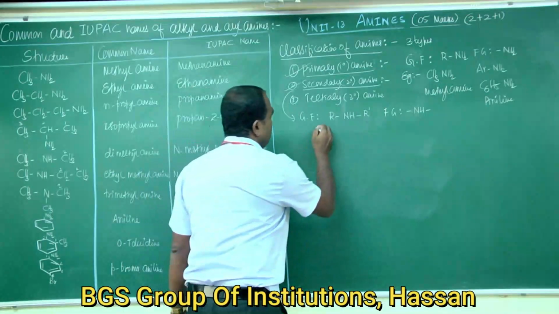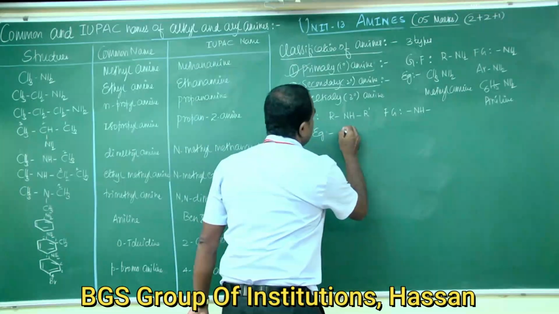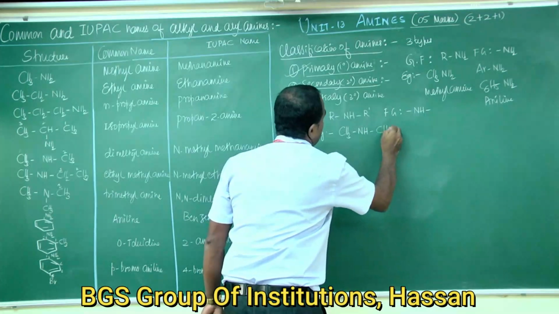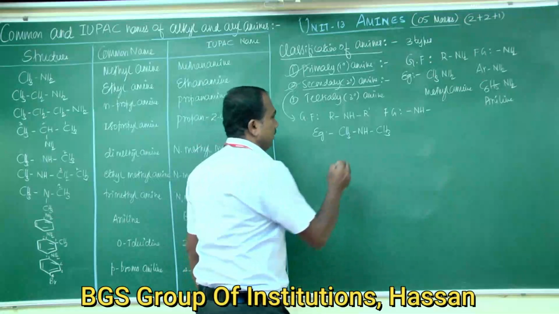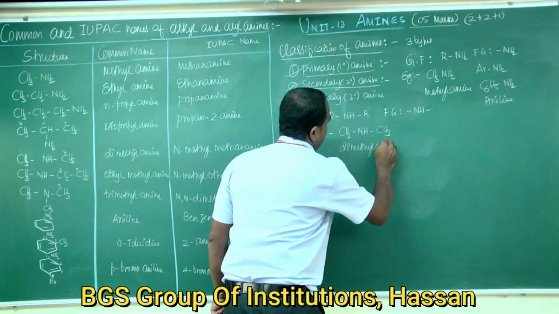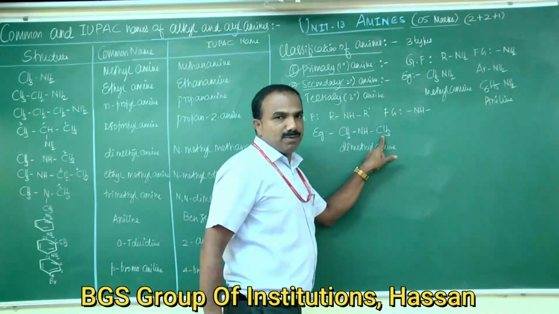The examples for secondary amine: if you give R as CH3, CH3-NH-CH3 is dimethylamine, where R and R' are the same.